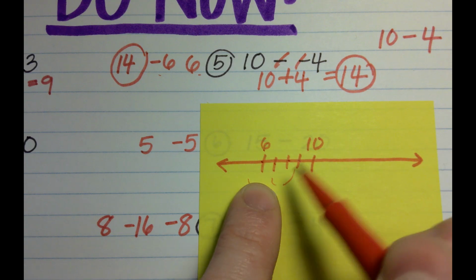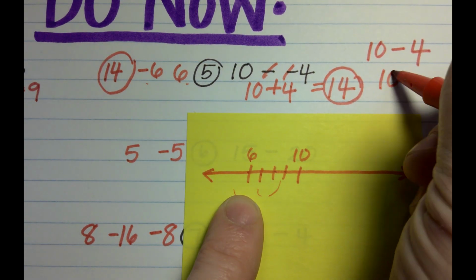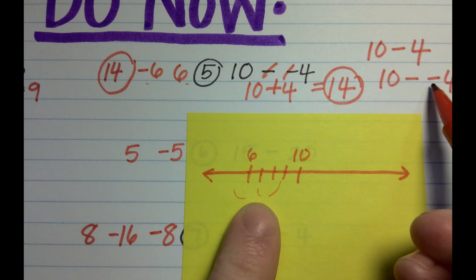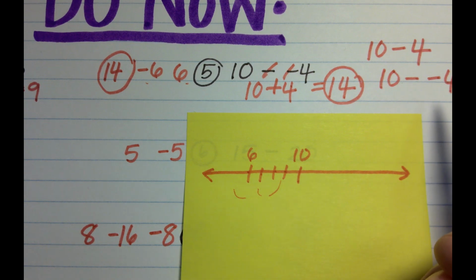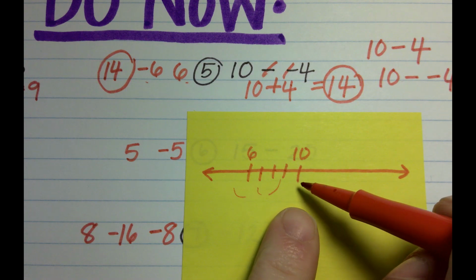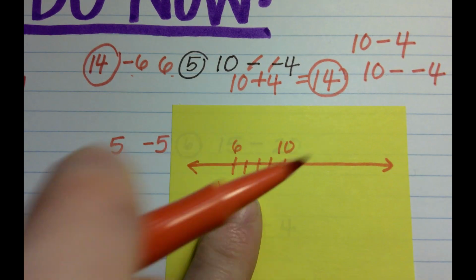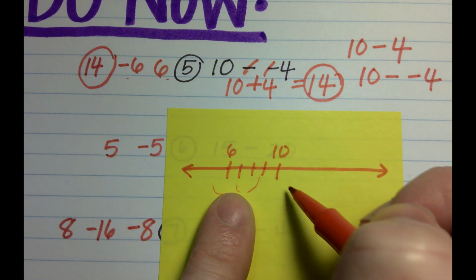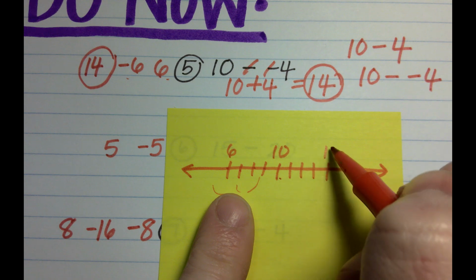We would get 6 for 10 minus 4, but we have 10 minus -4. And remember, that negative tells us to do the opposite, to move in the opposite direction. So instead of going this way, we would go this way to the right. We would go 1, 2, 3, 4 and get 14.